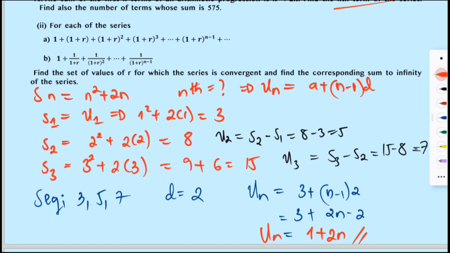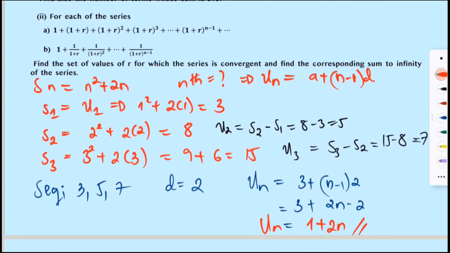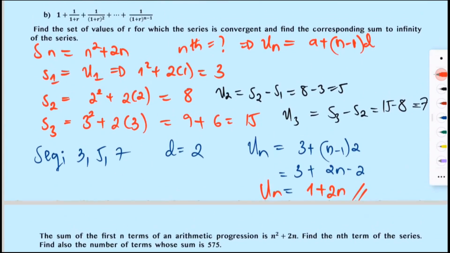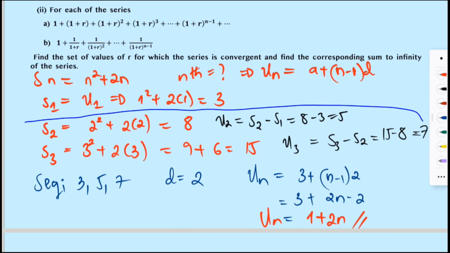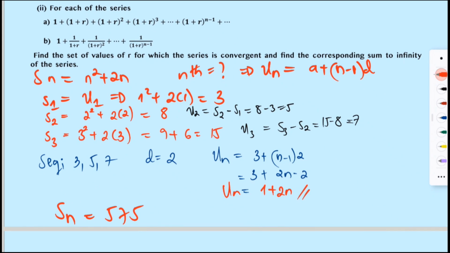That's our nth term. And then find also the number of terms whose sum is 575.